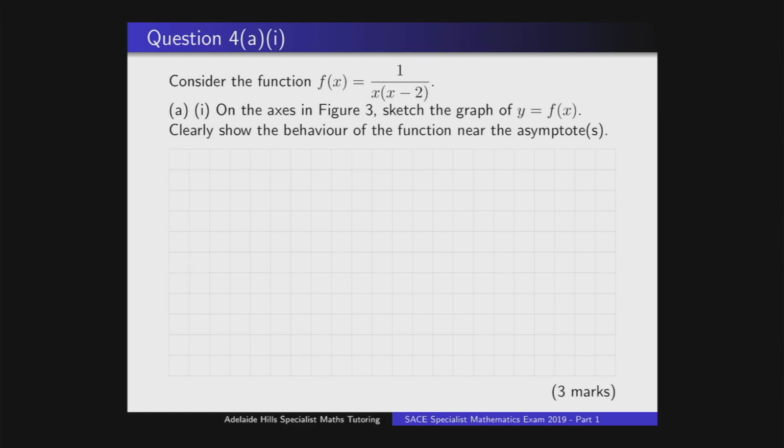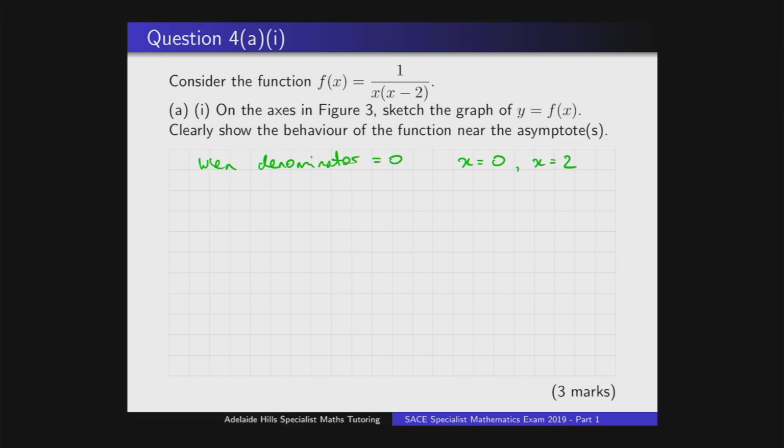So what we're interested in is when the denominator equals 0, and we can see just by looking at the function, it's a quadratic, and it's already been factorized, so the values when that goes to 0 are x equals 0 and x equals 2.